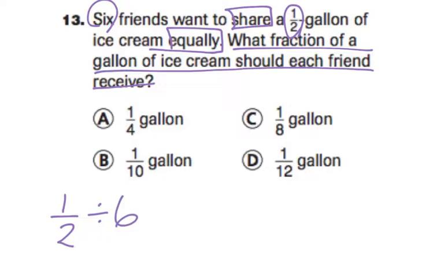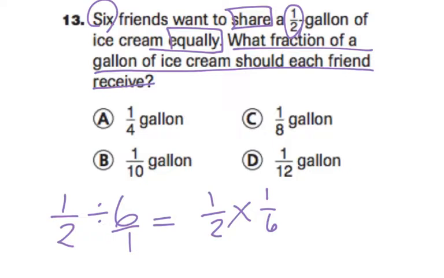Well, I can rewrite this problem. I keep my 1/2. I change my division symbol to a multiplication symbol. And then the 6, remember it's really just like 6 over 1, I'm going to flip it so that it's now 1 over 6. I'm writing the reciprocal of 6, which is 1/6.